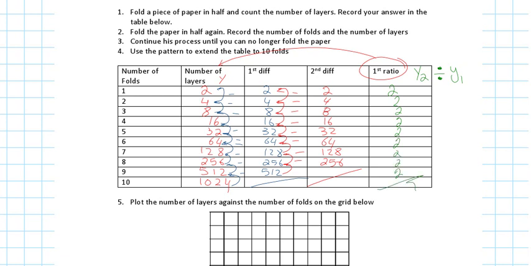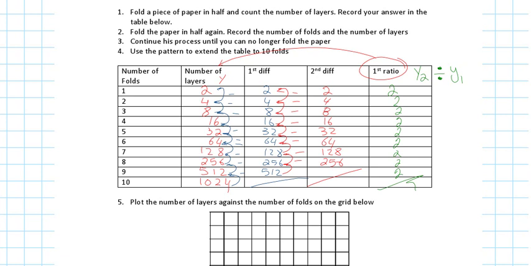Was it a surprise that your answer is 2? No. It's times 2, so it's divided by 2, because we're saying that it's doubling. We said already that our layers are doubling. Since they're doubling, that means my ratio is 2.